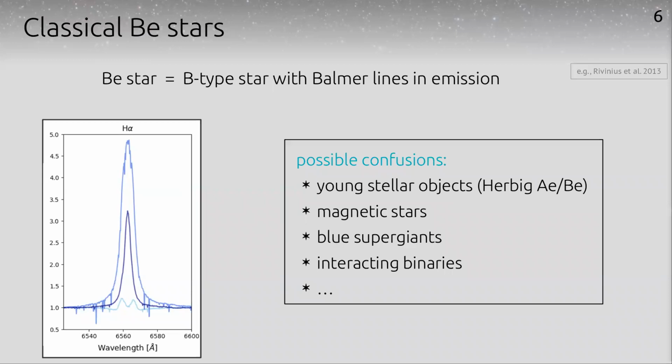For example, young stellar objects, magnetic stars, blue supergiants, interacting binaries that also have the same observational signature, B-type stars with Balmer lines and emission, but physically they are very different objects. And it's always difficult to figure out which ones are which. And it's important to keep in mind.